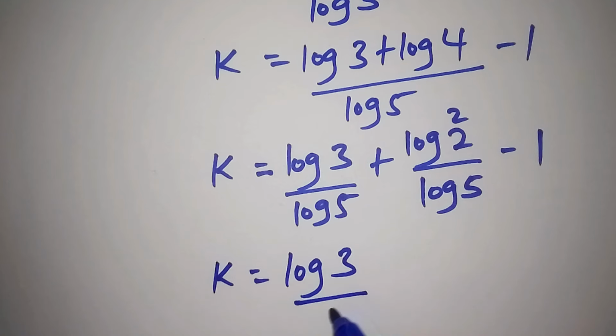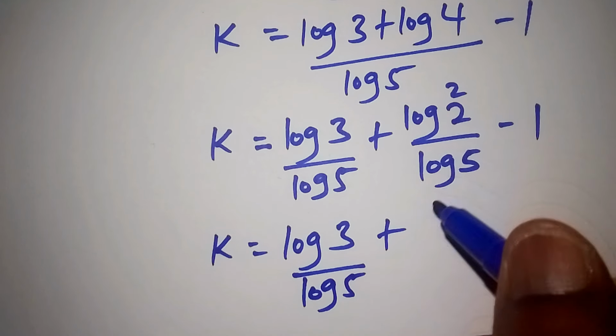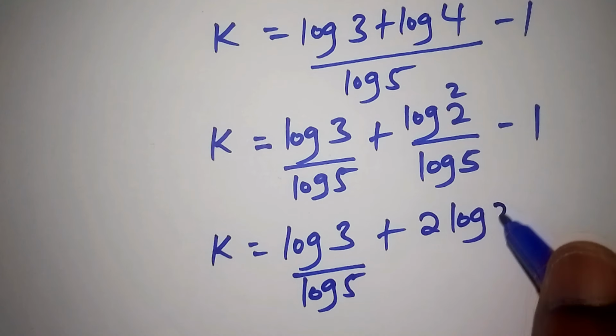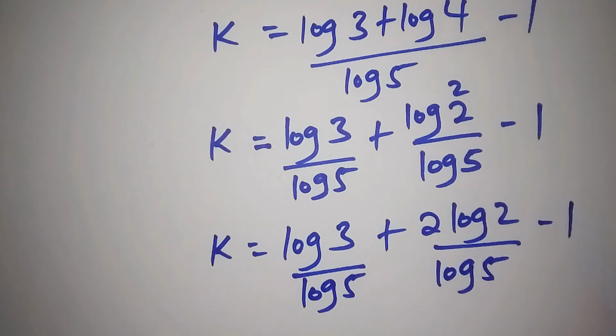So the next one, our k is equal to the log of 3 all over the log of 5, plus the log of 2 to the power of 2, which can be written as 2 log 2, all over the log of 5, minus 1.